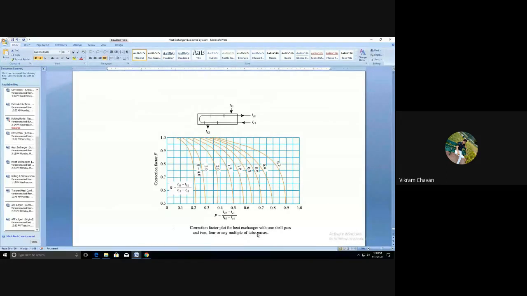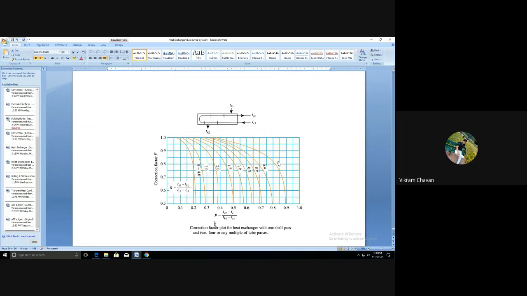Whenever there is one shell and multiple tube passes, in that case we can use this graph. This graph is provided by TEMA, and by Mueller and Nagle. These are the scientists' names and TEMA is the association, and these are standard graphs. One can use these graphs to find the correction factor. So how do we find the correction factor from this particular graph?